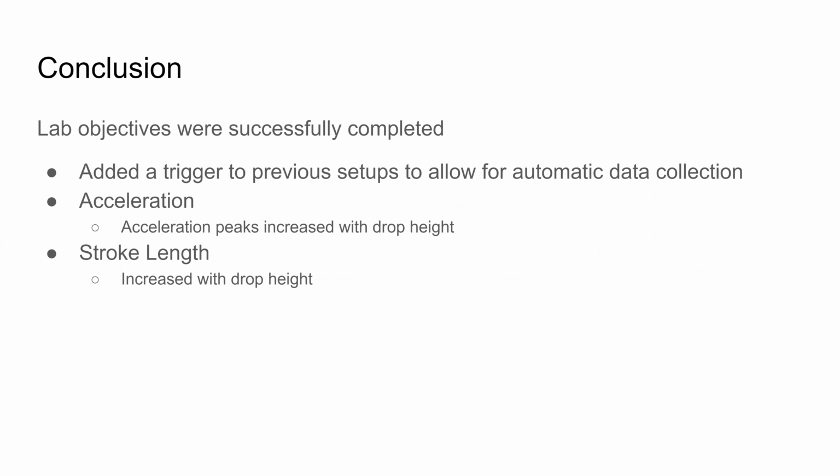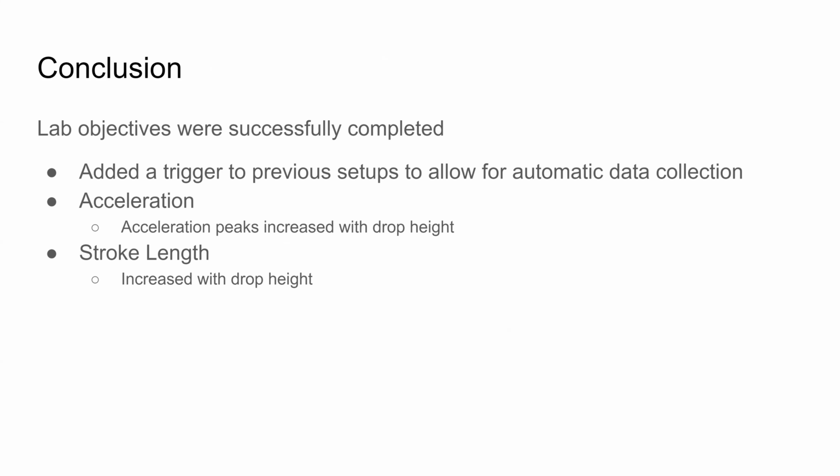All right. In conclusion, we did complete all the lab objectives successfully. Again, we did end up using TA data due to sensor failure for our data. Compared to previous labs where we had to manually start and stop data collection, we added a trigger allowing for automatic data collection, and results for both acceleration and stroke length.